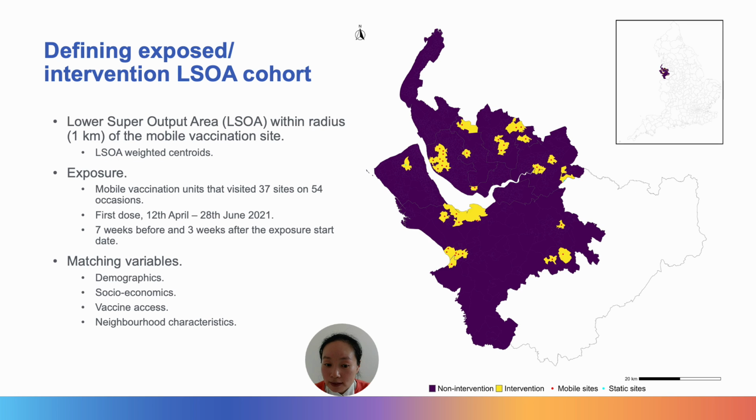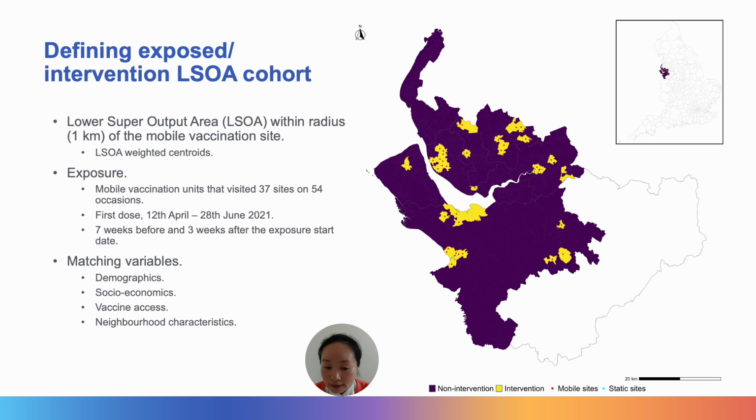The key then becomes how to define the intervention group. As you can see in the map on the right hand side, the red and blue dots represent mobile and static vaccination units that were deployed during our study period.